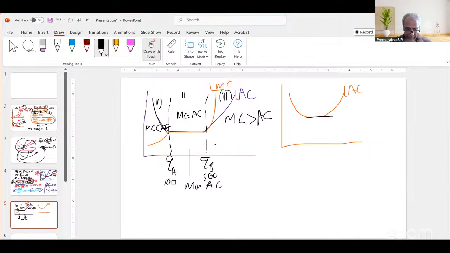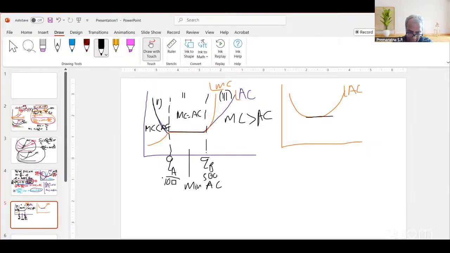firm. Let's say you have a tuition class. Until you get 100 students, your hall is enough, and you expand a little bit. No, that's a wrong example, because if you take the tuition class, the room is like a short run.